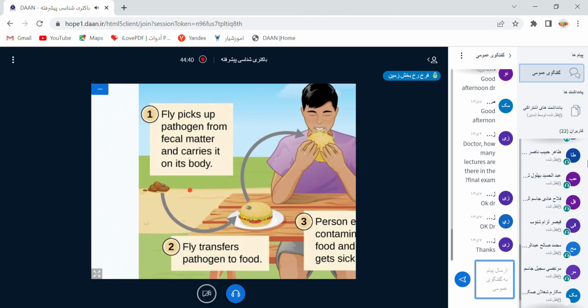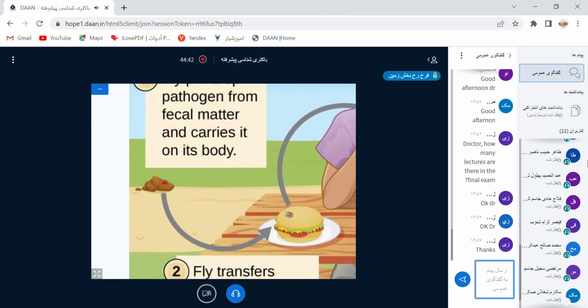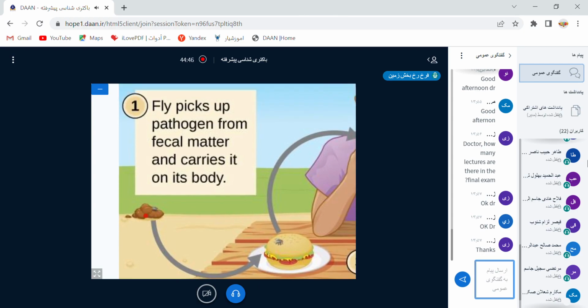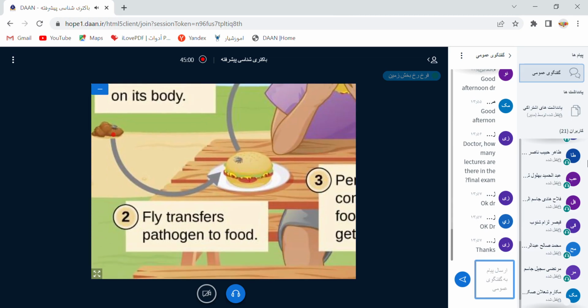Here you can see, for example, there is a fly on feces, human feces. Number 1, the fly picks up pathogen from fecal matter and carries it on its body.